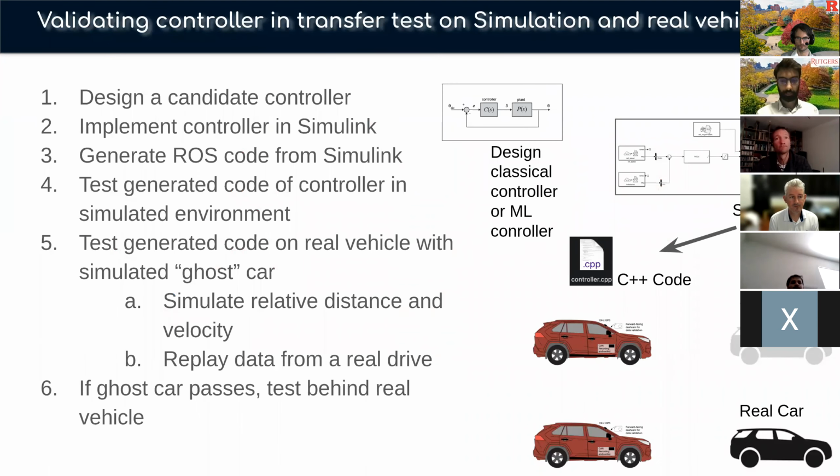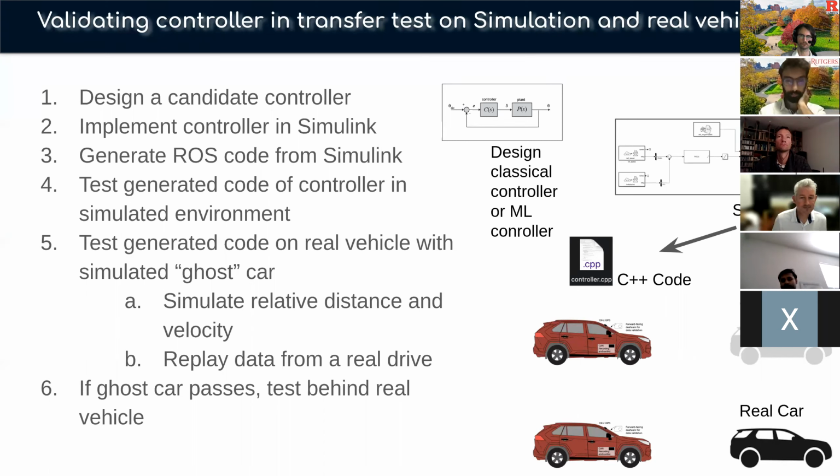Second, how we validated the controller using the transfer test: we developed everything in a Simulink model, and then generated the control code, which was already tested with the simulation framework. Then we used a ghost car approach, where the leader vehicle is a ghost car in the simulation, but the actual vehicle is following it.